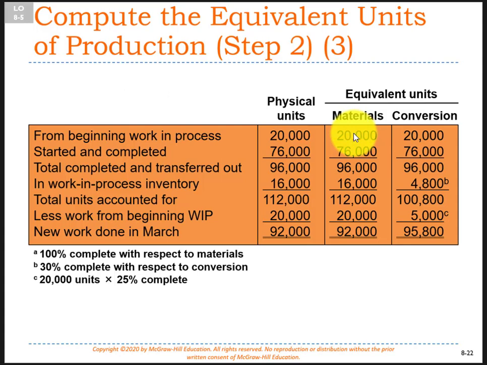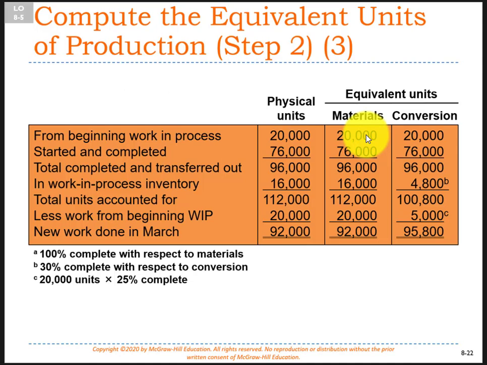start with this step here, beginning work in process, and think of it in this case. Do not put the whole amount, put the amount you had to do in March. So for materials, that would be 0 because you didn't have to do any more work to your beginning work in process in terms of material.